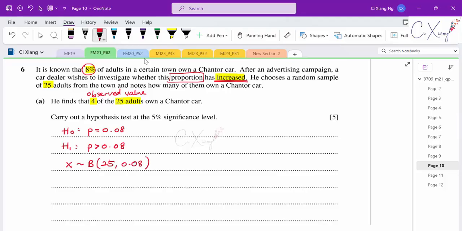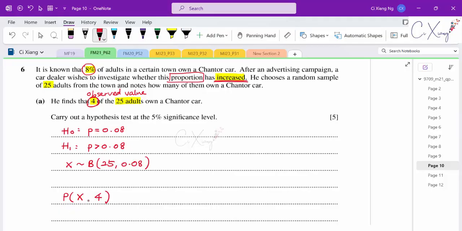So we carry out the test using the binomial distribution if you want to test the population proportion. Now we need to find the p-value, which depends on the observed value given in the question. The observed value given is 4 for our question here. So I want to calculate the probability for X greater than or equal to 4.